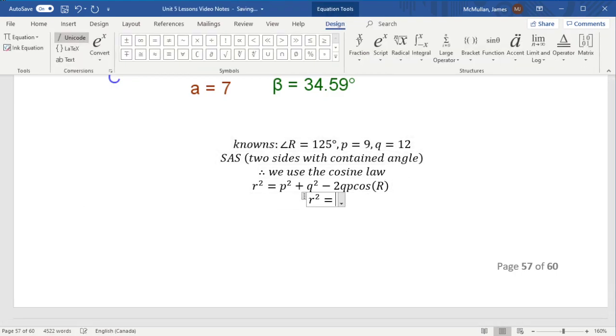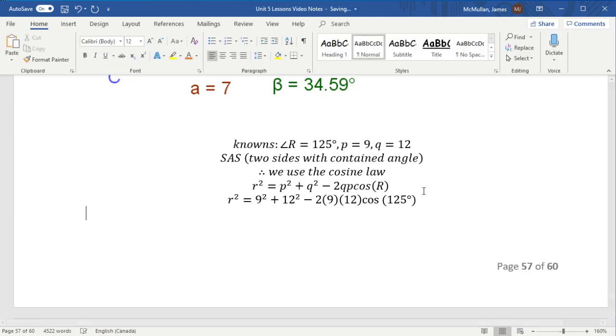So R squared is going to be 9 squared plus 12 squared minus 2 times 9 times 12 times cos of 125 degrees.